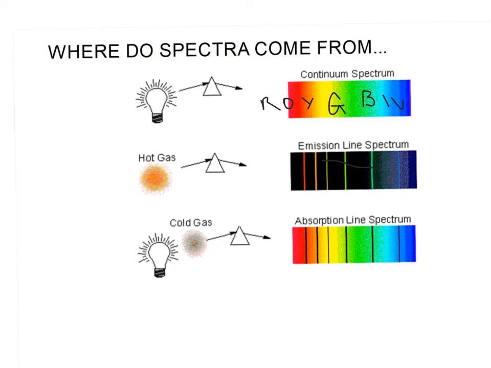Now, if we take a continuous spectrum, we can get some different types of spectrums from this. The one that comes from a continuous spectrum is the absorption line spectrum.